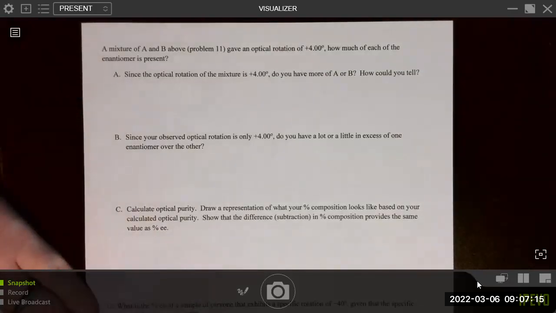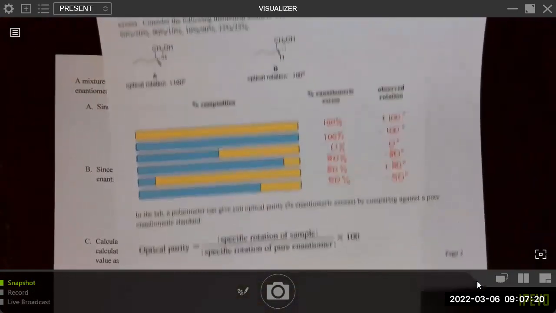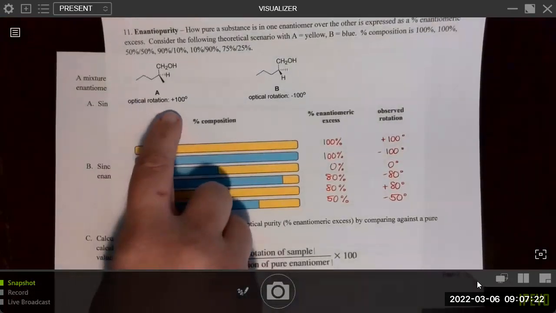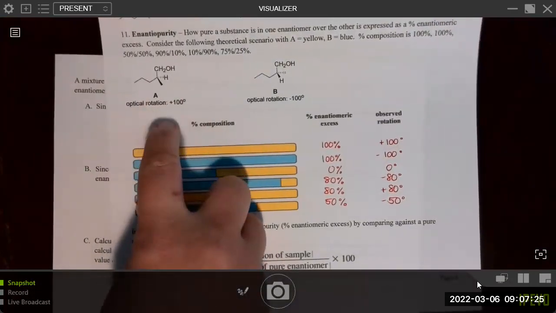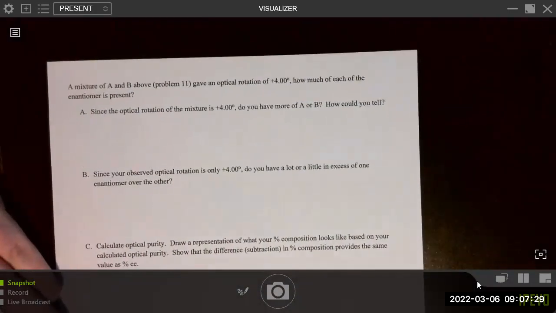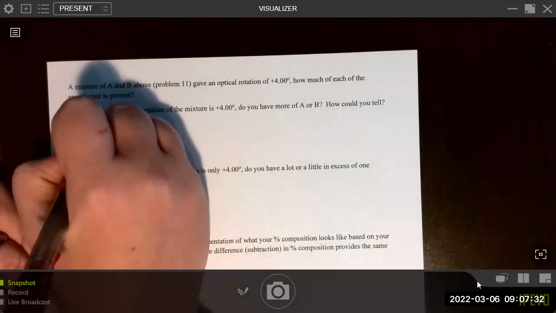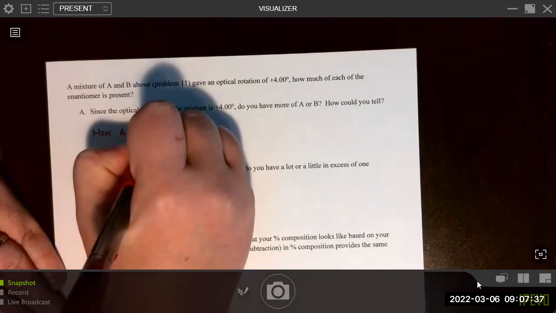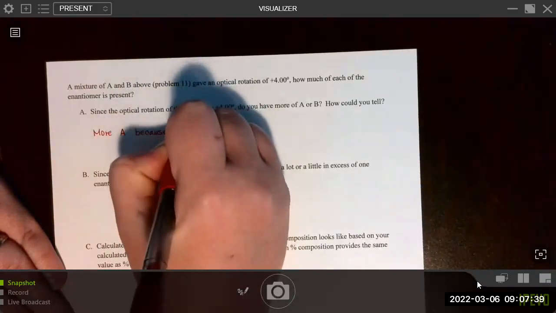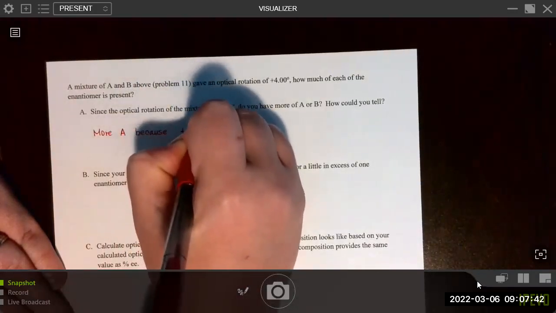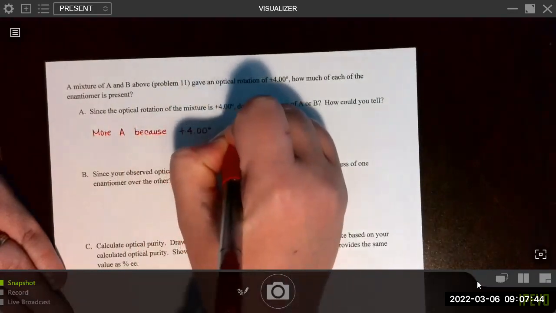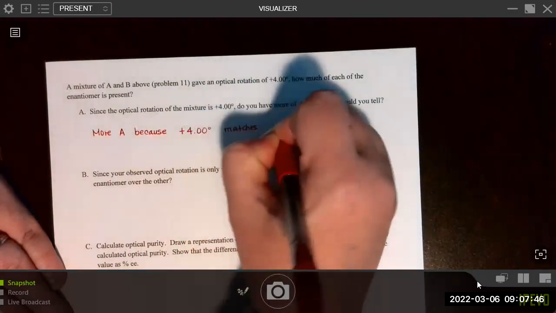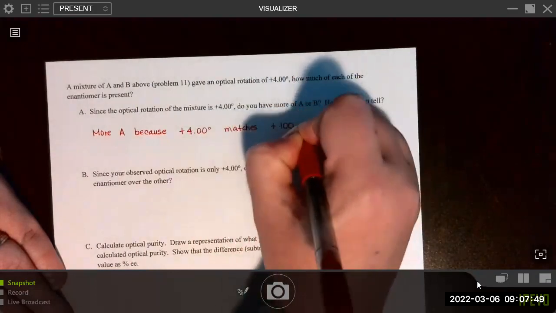If we go back to looking at what we had here, remember that we had more plus because it was plus 4 degrees, so we have more A, because plus 4 matches plus 100.